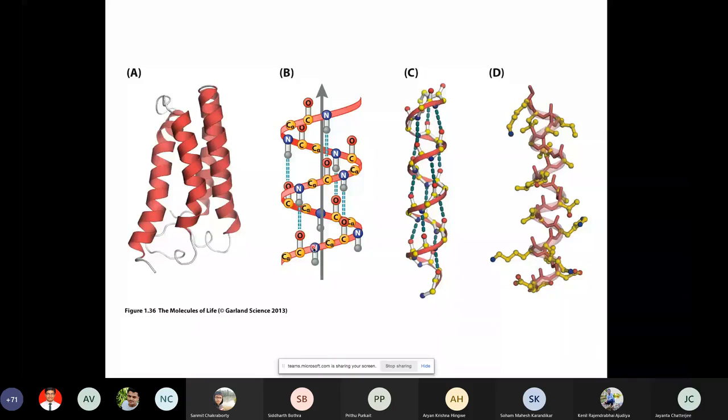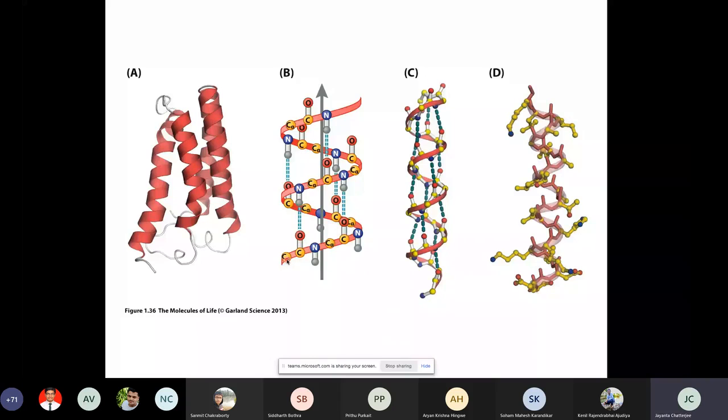So we are going this way to the top. You can see that this is an alpha helix where, if you consider this as the ith carbonyl, the ith CO is engaged in a hydrogen bond with the i plus 4th NH.